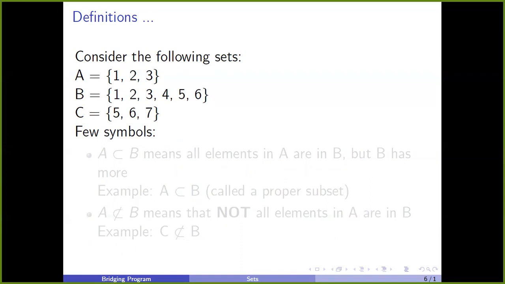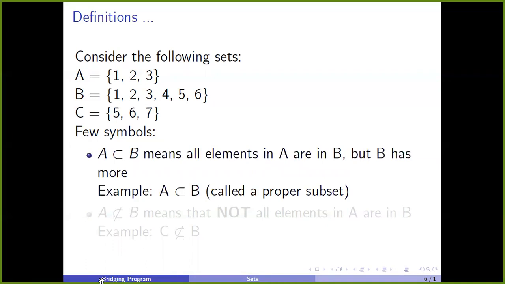Now, there's another mark. It's the same thing, but you call this a proper subset. In the earlier case, if you had a close look at it, there is another line underneath. That means it can be a subset and it can also be equal. For example, A and B might have the same elements.